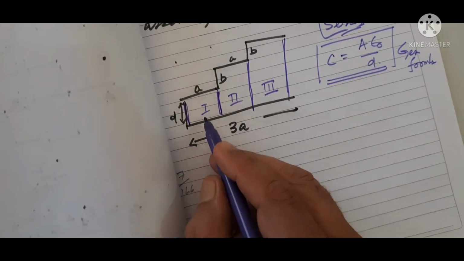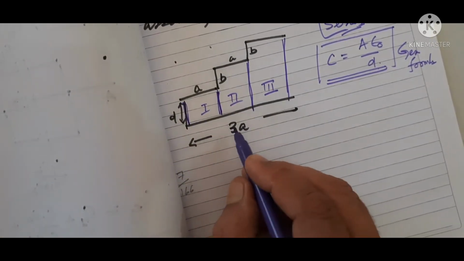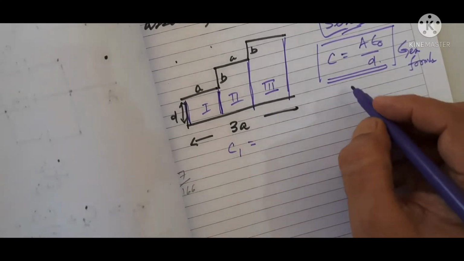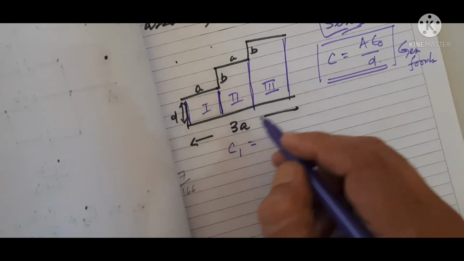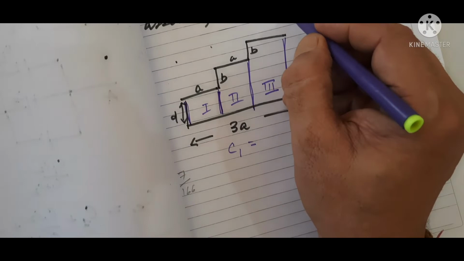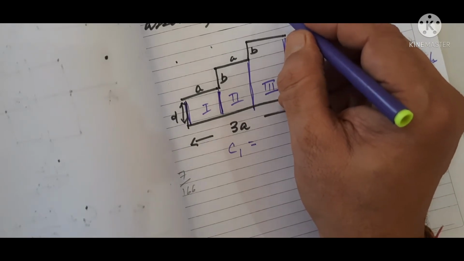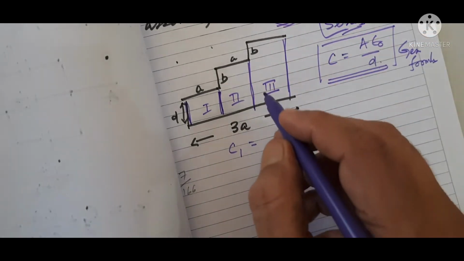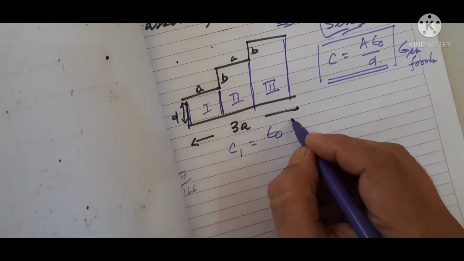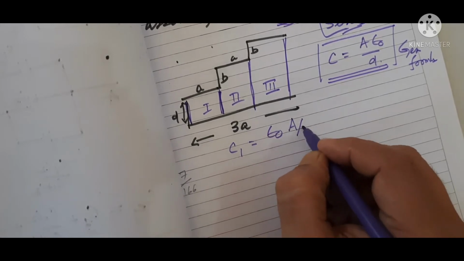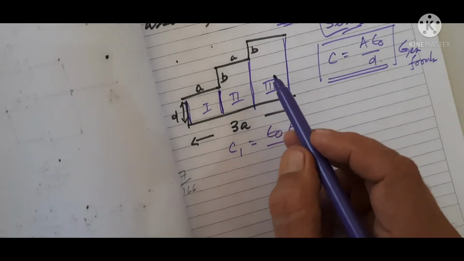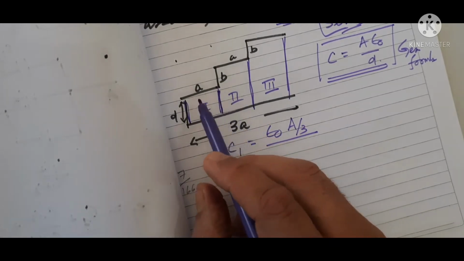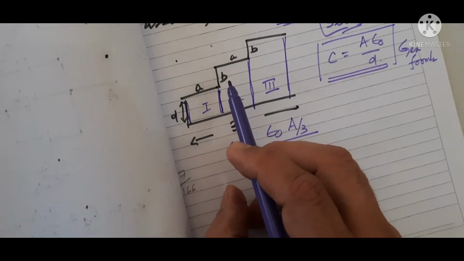Now in the first capacitor, C1 is equal to epsilon naught times area by separation. If the total surface area is A, each individual one has area A by 3. It is given that the area is uniform, whether due to the length and the breadth.